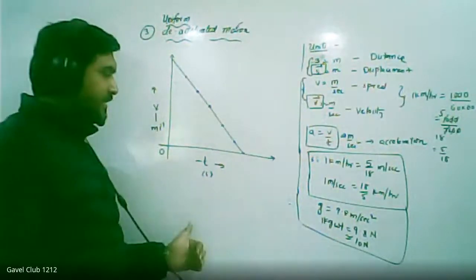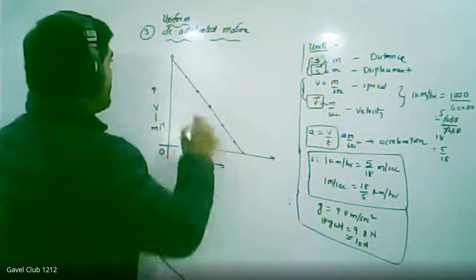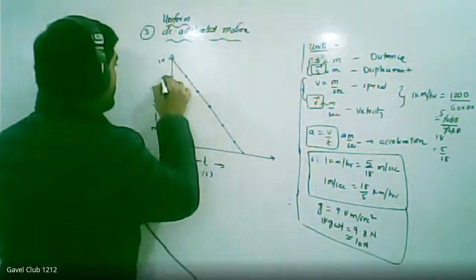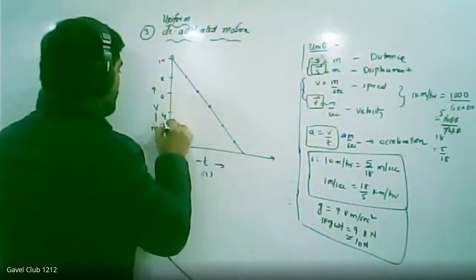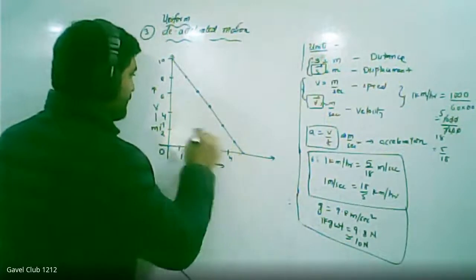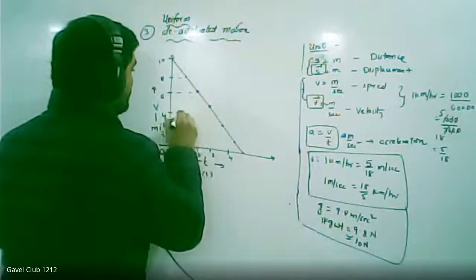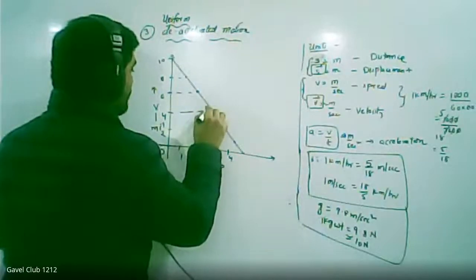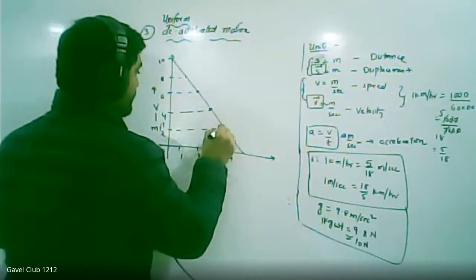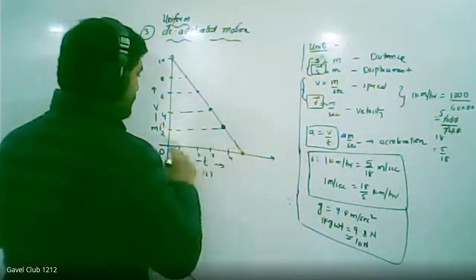So the acceleration will be negative value because it's continuously decreasing. For example, here it is 10, it is 8, it is 6, it is 4, it is 2, here it is 0. Here 1, 2, 3 and 4 values we have. And these points, if you see here, are meeting at a point. So here we have different points on the graph. Like this, we get the graph.